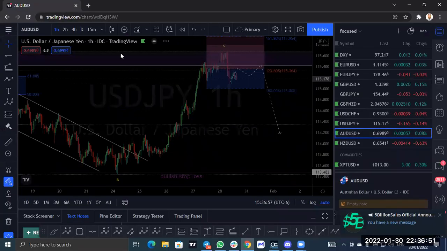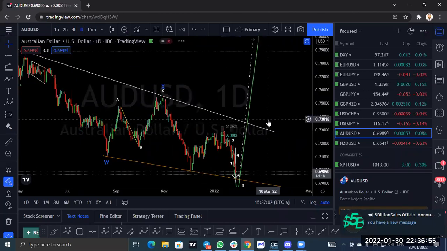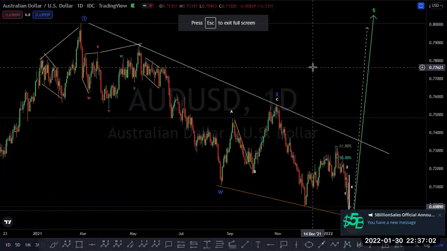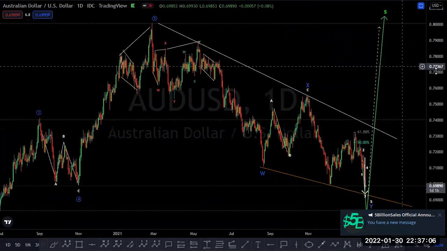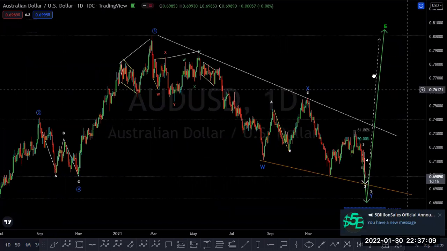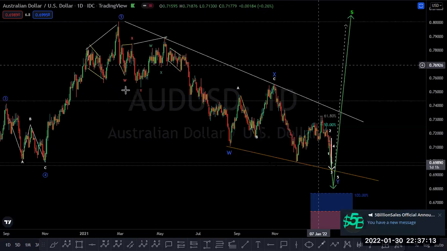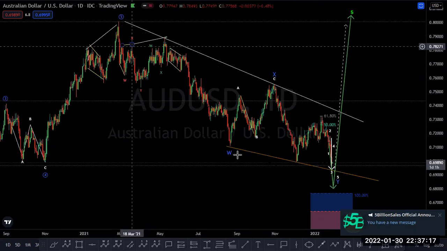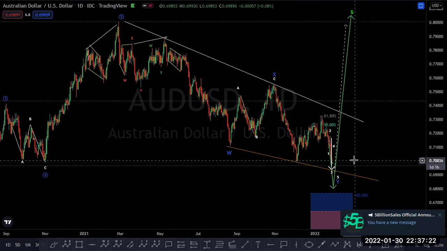AUD USD. This is a daily chart. What do you have here? Okay, this is just WXYXZ.